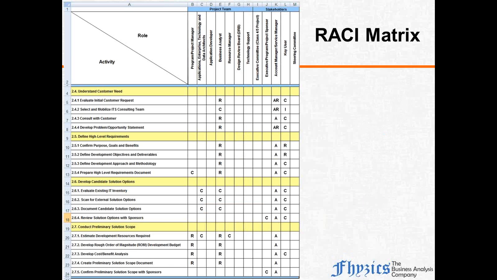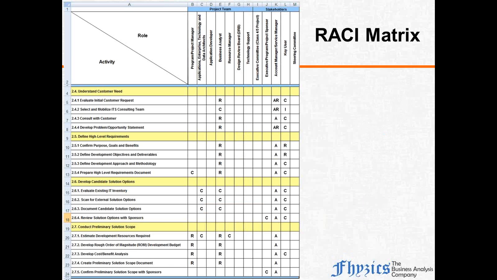Two people are authorized to approve the changes, so it introduces some sort of dicey situation, right? Whenever we have two bosses, you know the problem, right? So when we have two accountable for a given activity or a given process, something is wrong. Accountable should be only one per line. Only one A you should be able to see in a line.